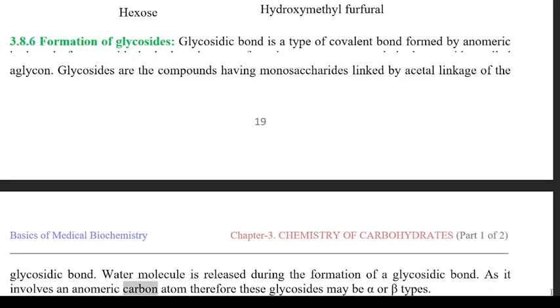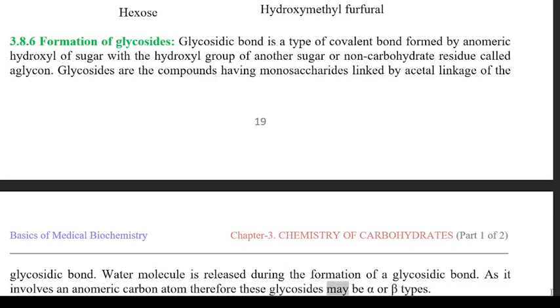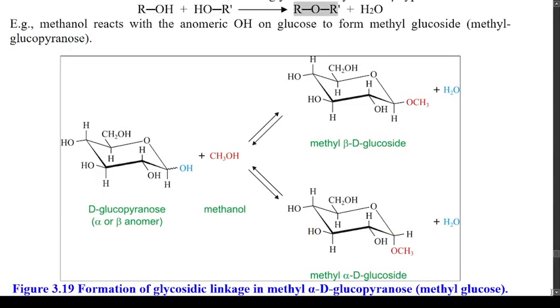As it involves an anomeric carbon atom, these glycosides may be alpha or beta types. ROH plus HOR gives ROR plus H2O. E.g., methanol reacts with the anomeric OH on glucose to form methyl glucoside, methyl glucopyranoside. Figure 3.19 Formation of glycosidic linkage in methyl alpha-D-glucopyranoside.